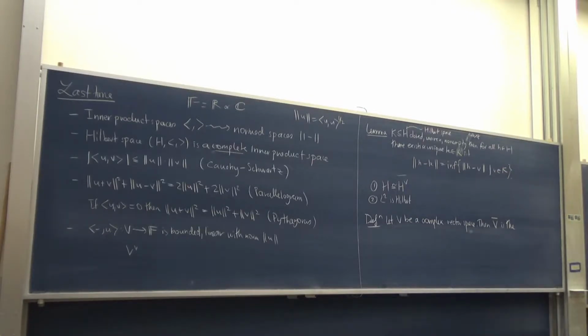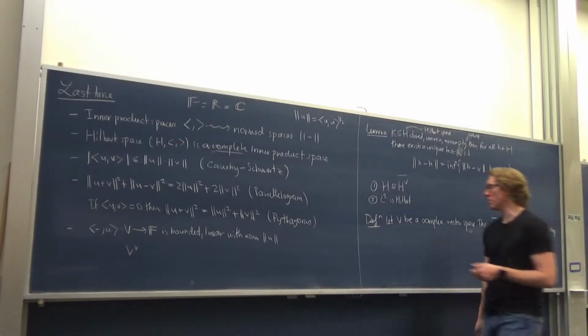Okay, so let V be a complex vector space, that is a vector space over C. Then V bar is another vector space over C. Remember what a vector space is: it's an abelian group together with an action of the field. So V bar is the same abelian group, but the action is modified.